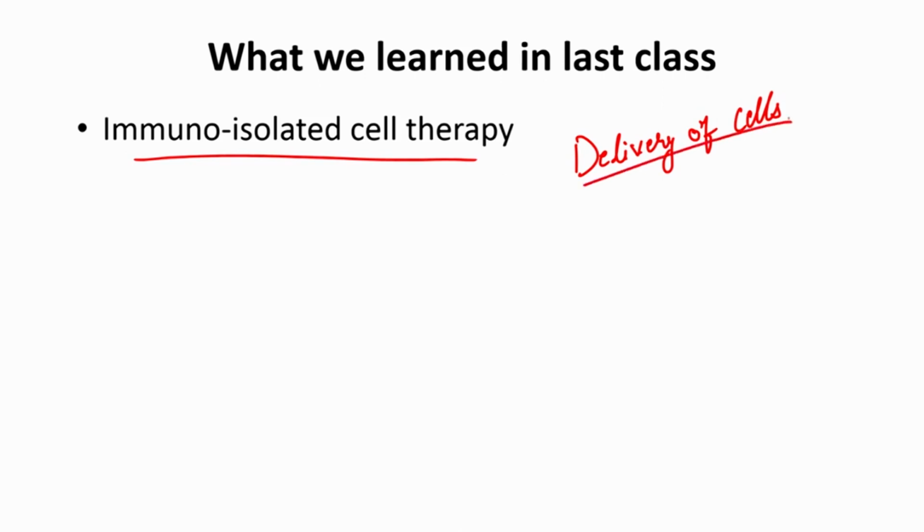When I say delivery of cells, the drug in this case is cells. Our actual drug is something else that is being produced by the cells. So, this could be insulin, this could be dystrophin.